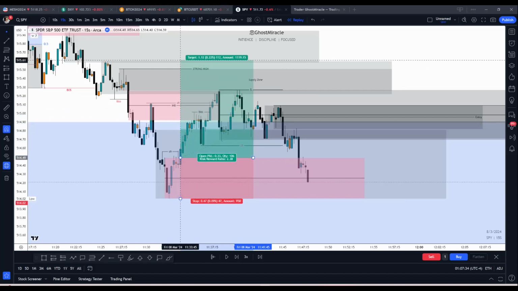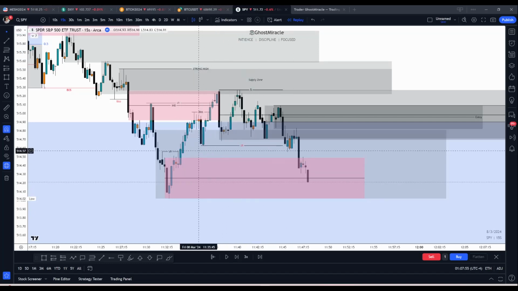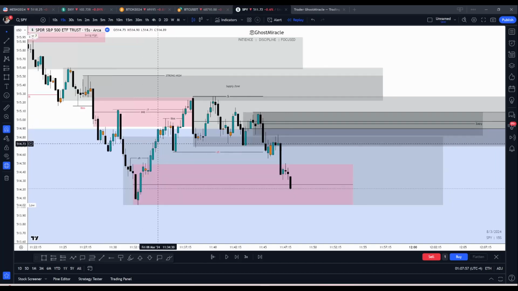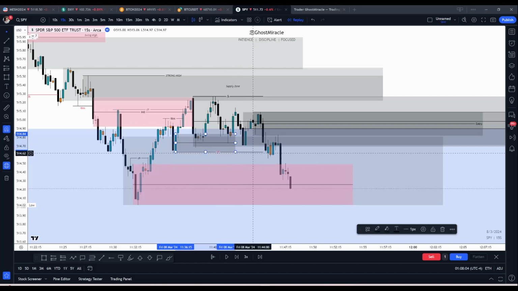So here or here. And then I would have been targeting TP1, because this will be your internal break if you took it off the choke on the 15-second, or TP2, TP3, and so on. Or I would have had an entry here, right?